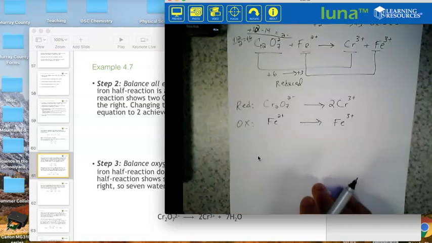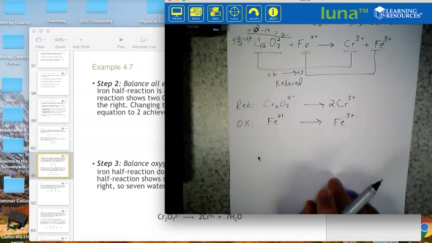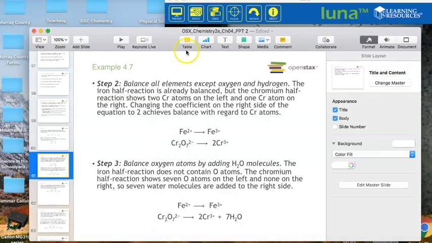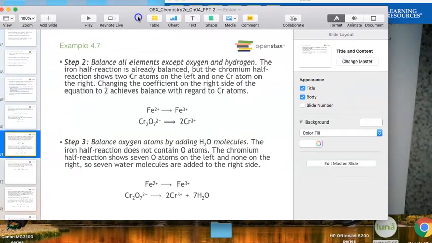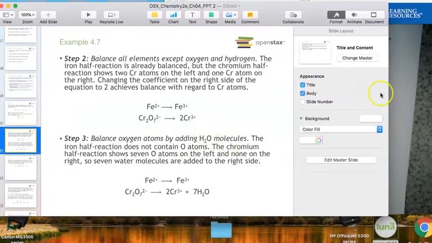Remember, we're going to leave oxygen for later. We're not going to balance it at this point. So the next step is to balance oxygen atoms by adding water molecules.